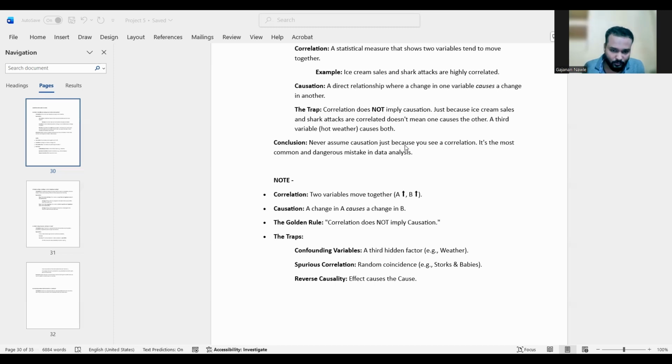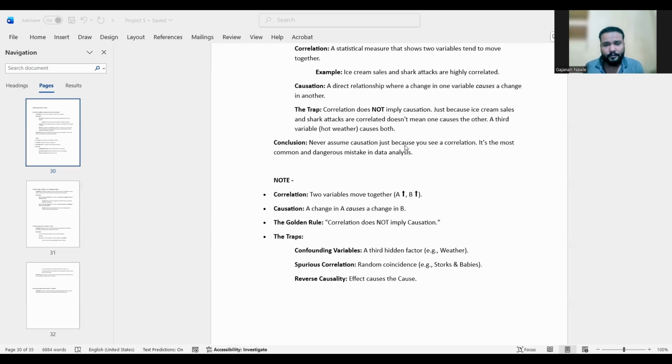So was it true? No. The hidden link here was house size. Rich families had bigger houses. Storks like to nest on bigger roofs. Rich families also tended to have more babies or larger families. So storks and babies were correlated but totally unrelated.